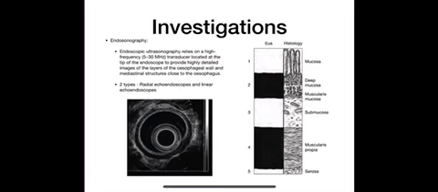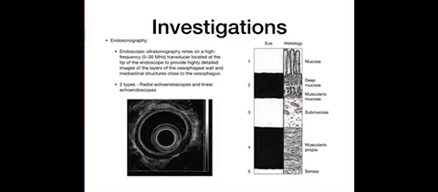Moving on to endosonography. Endoscopic ultrasonography relies on a high-frequency transducer located at the tip of the endoscope to provide highly detailed images of the layers of the esophageal wall and mediastinal structures close to the esophagus. It might be of two types: radial echoendoscopes, wherein the ultrasound probe looks at the surrounding structures in a circular pattern, and linear echoendoscopes, which look at the lesion in a head-on pattern.